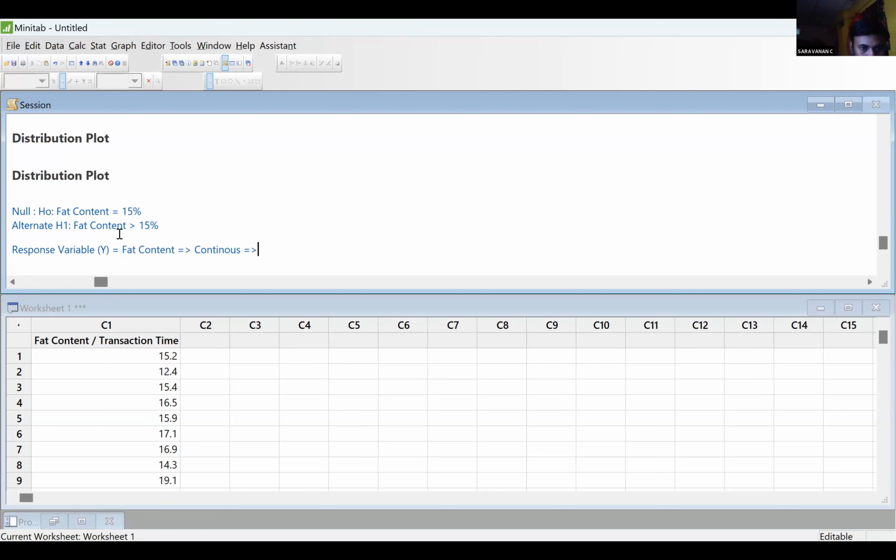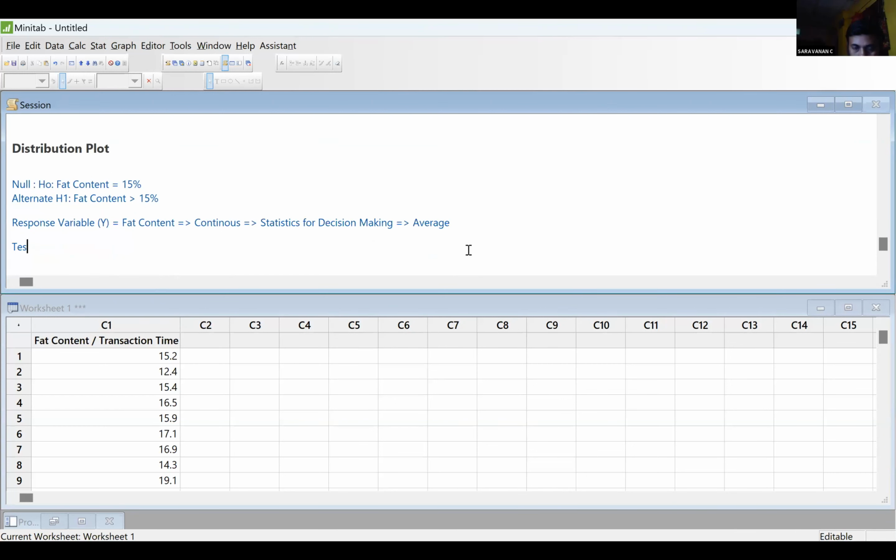Since it is continuous, I should use statistics for decision making. What is the statistic I should use? The average value. So this leads me to a test of averages.